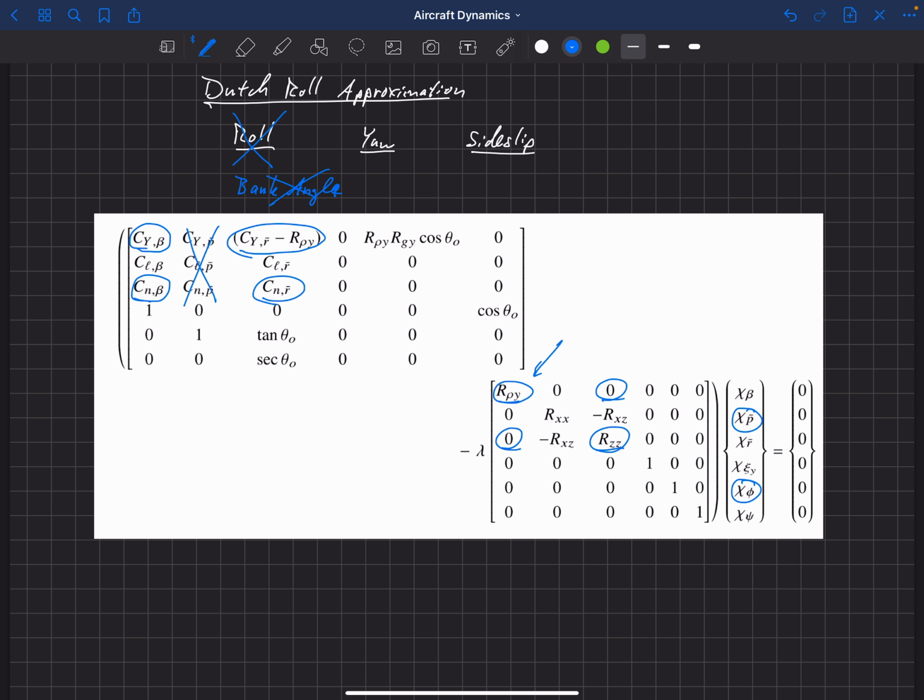So if you do that, you're left with this 2x2 system, so let's knock these guys out. What we're left with here is this chi r bar and chi beta. And so you can solve this system analytically to find the eigenvalues. Well, it turns out that this entire approach is not very good. And so we're going to back up here and erase all of this.